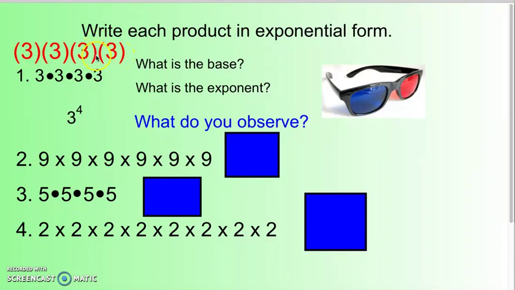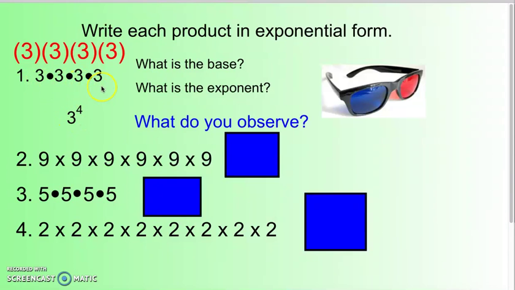So parentheses with a number next to it also means multiplication. And I know it gets so confusing because there's so many different symbols out there to represent different operations. But once you use them over and over again, it gets easier and easier.